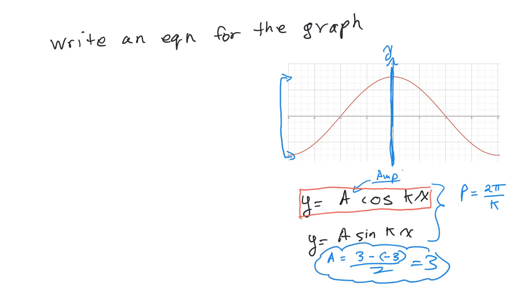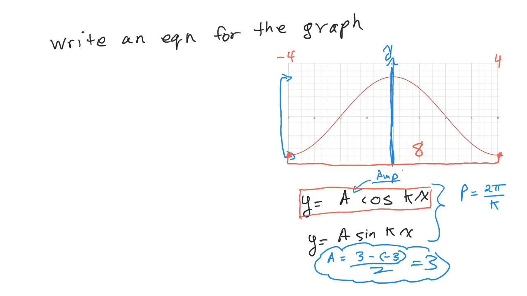So now let's figure out the period. So the period is basically going from here to here, i.e., how far do I have to go until it repeats itself again? So in this case, the period is 8 units because it ends at 4 and starts at -4.